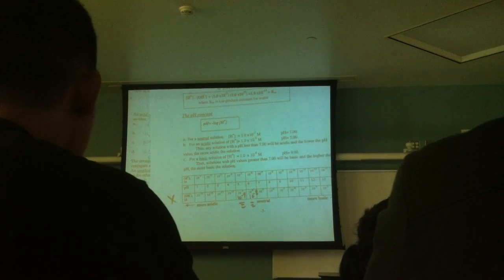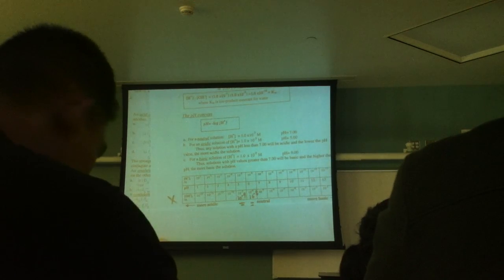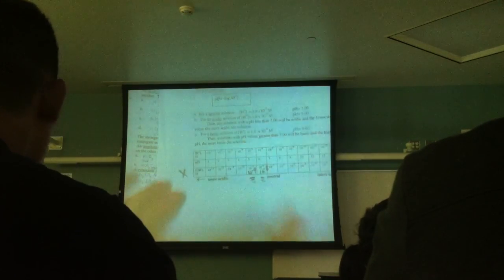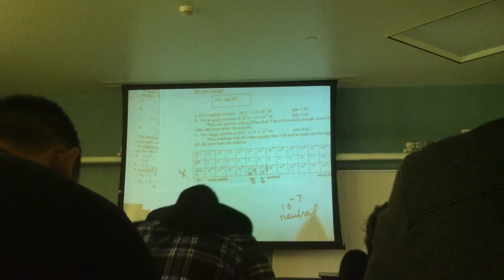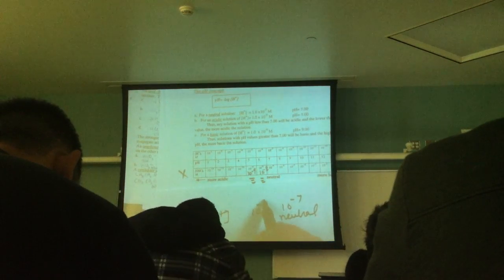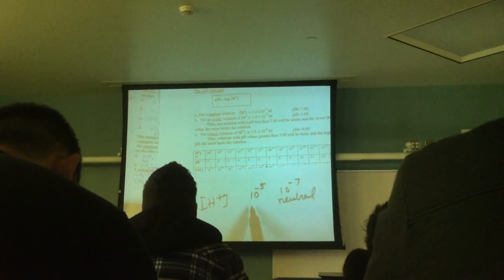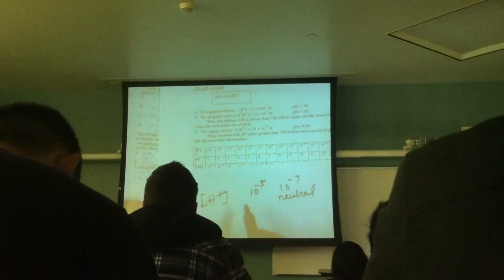What else we learned from this table? Let me add something for you. When the hydrogen ion tends to a -7, we said neutral. When the hydrogen ion tends to a -5, we said what? Acidic or basic? Acidic.